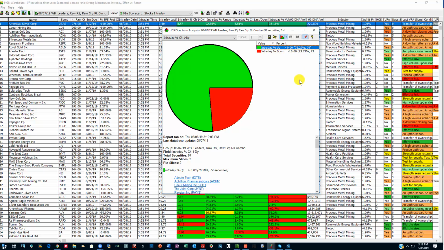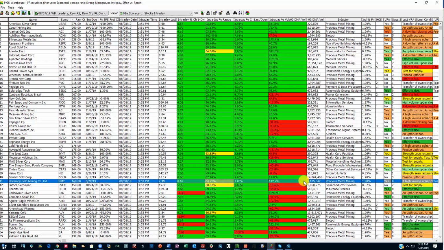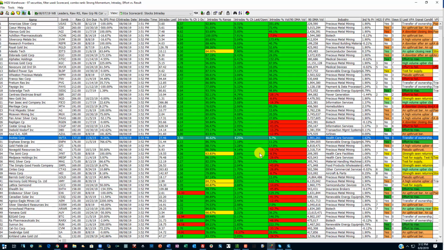And you can see that 76% of these stocks were up today, and only 23% were down. So this is a very strong day. Obviously, the NASDAQ closed up. What did it close up? 2.24%. So we should have a good day with this group.